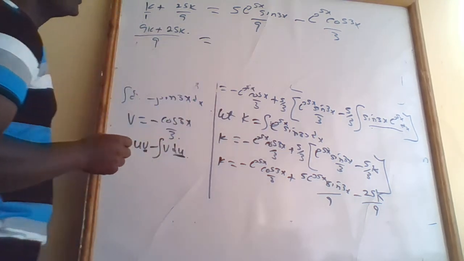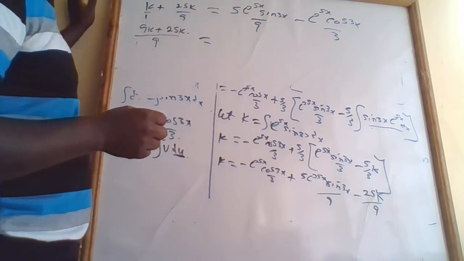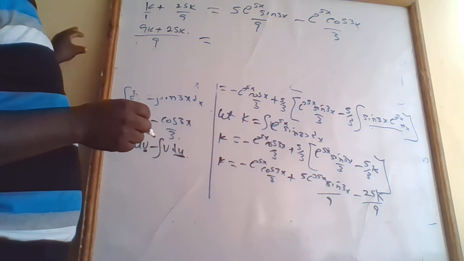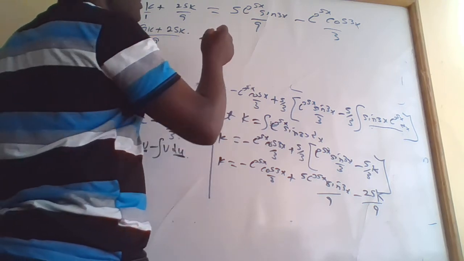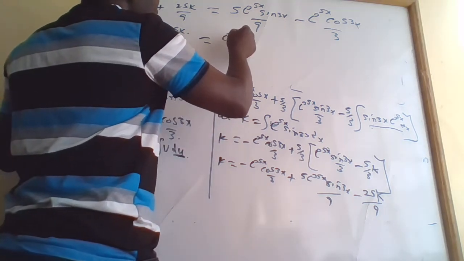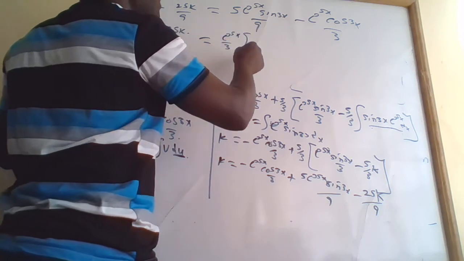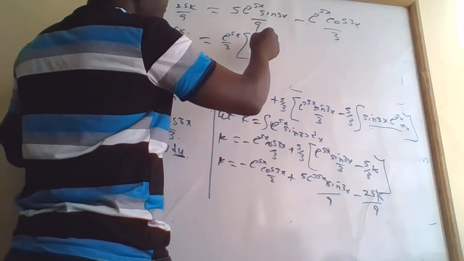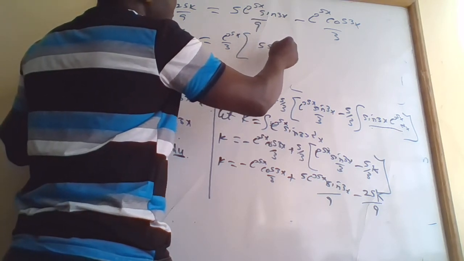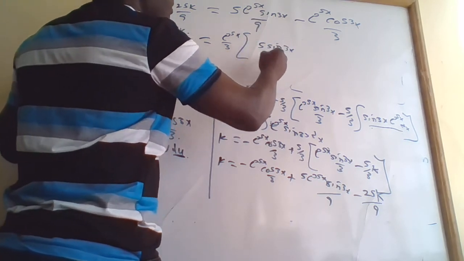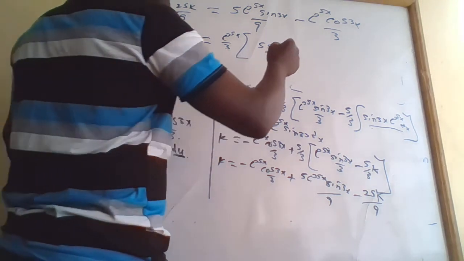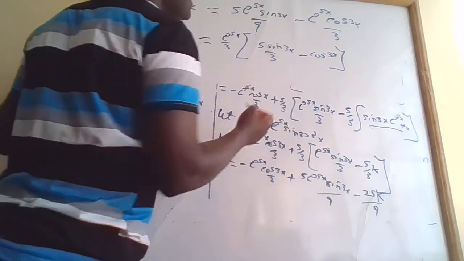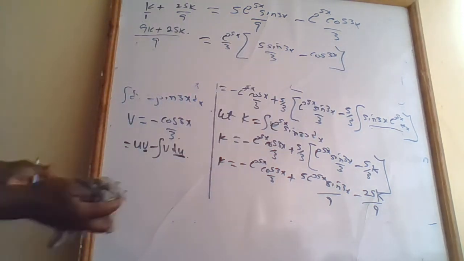This equals, we can factorize out the common factor, that is e^(5x) all over 3, into 5 sine 3x all over 3 minus cos 3x.